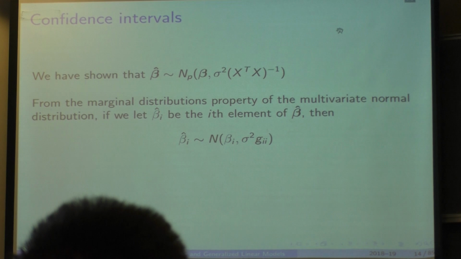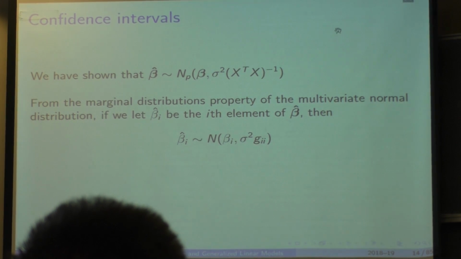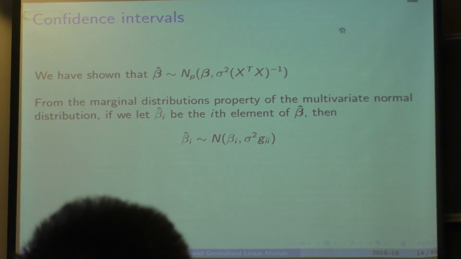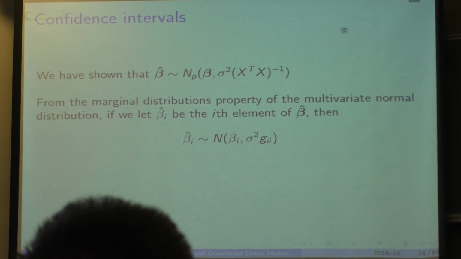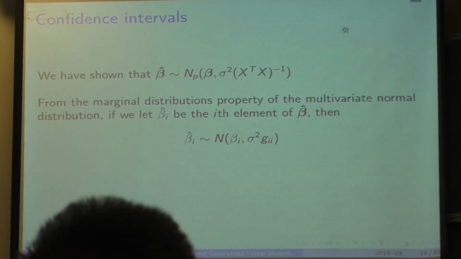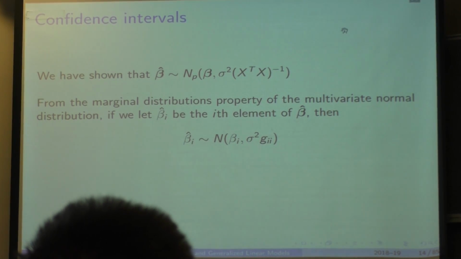So let's look at the ith element of beta hat. So this is the coefficient of the ith variable that we're fitting. Okay, so components of a multivariate normal distribution also have normal distributions, because it's now just one component. It's an ordinary univariate normal distribution.